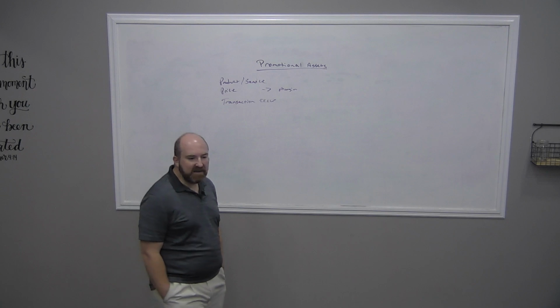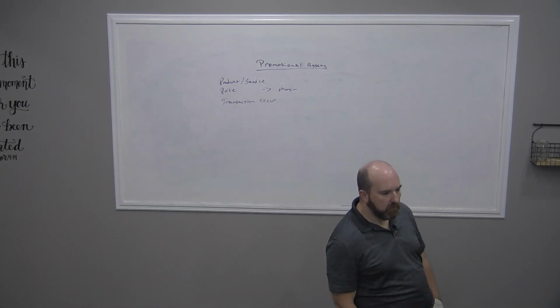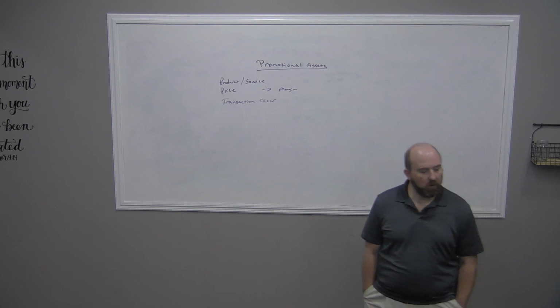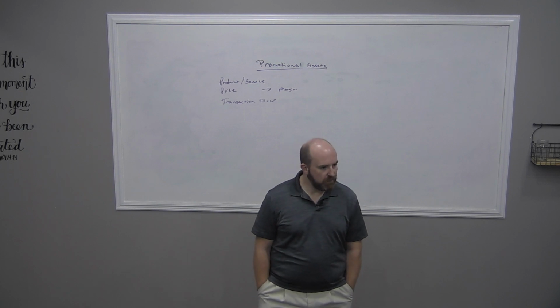Okay? Very high ticket items are often not purchased online, right? Those things tend to be done over the phone or in person. I'm not going to see many online diamond sales. Absolutely.